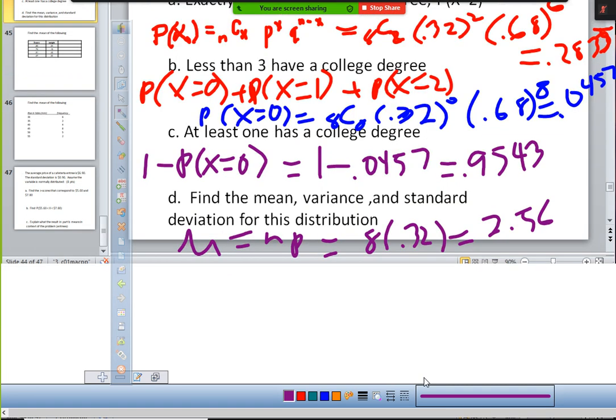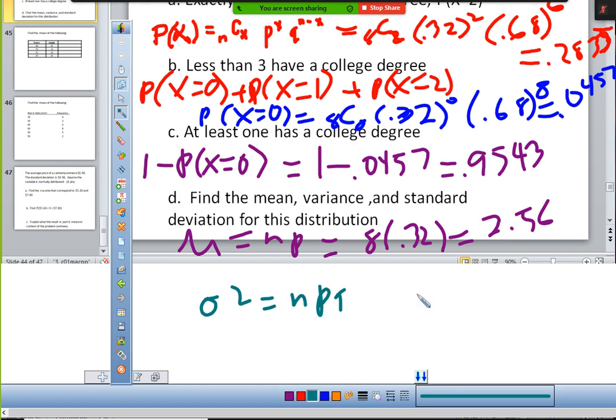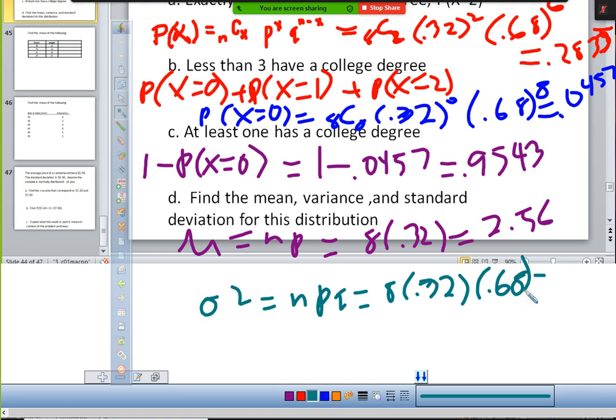The variance, sigma squared, is NPQ. So 8 times 0.32 times 0.68. And for that one, what did you guys get? 1.4, yep. 1.74, great.